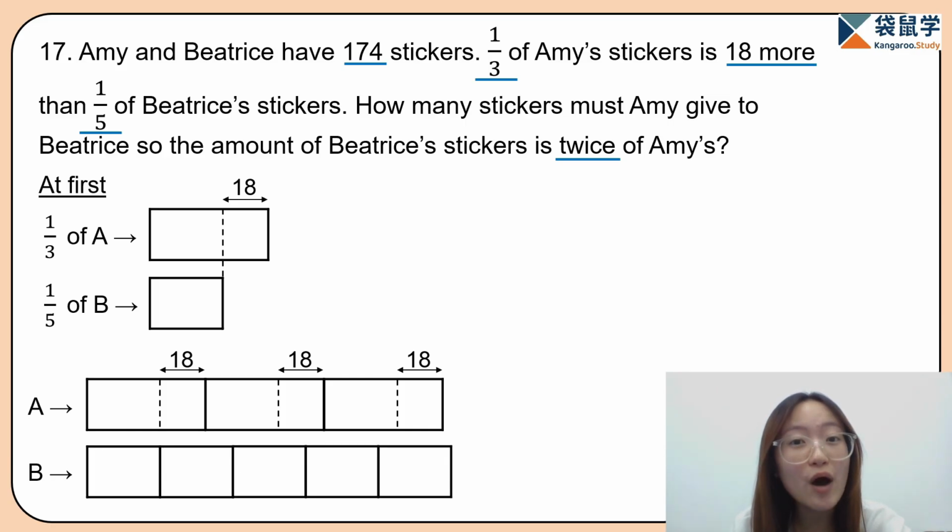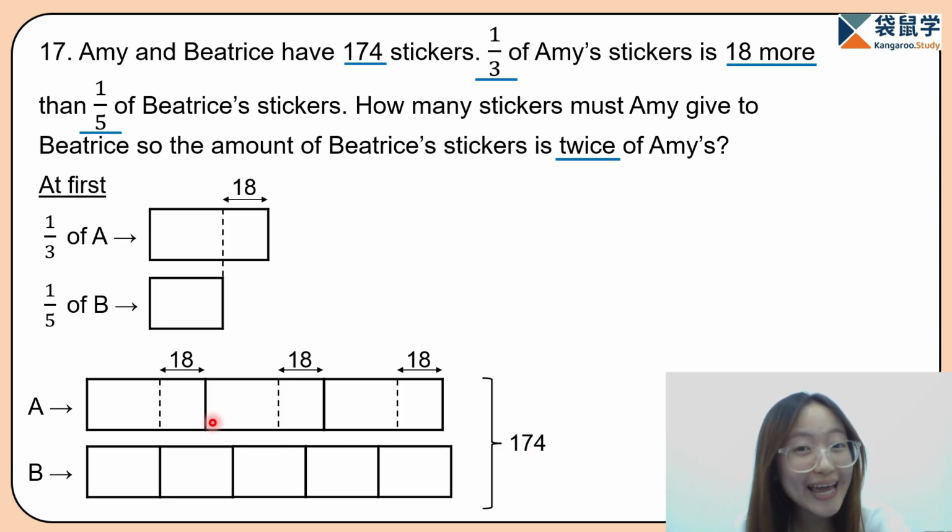Now since we have both the total parts of Amy and Beatrice, where is 174 on our model? It is the sum of both models. Since one part of B is smaller than one part of A, we can take one part of B as 1 unit. Take the smaller part as 1 unit. So what will 174 be?